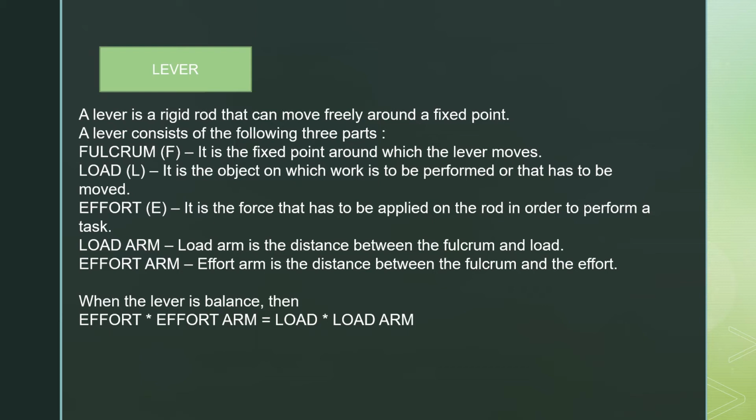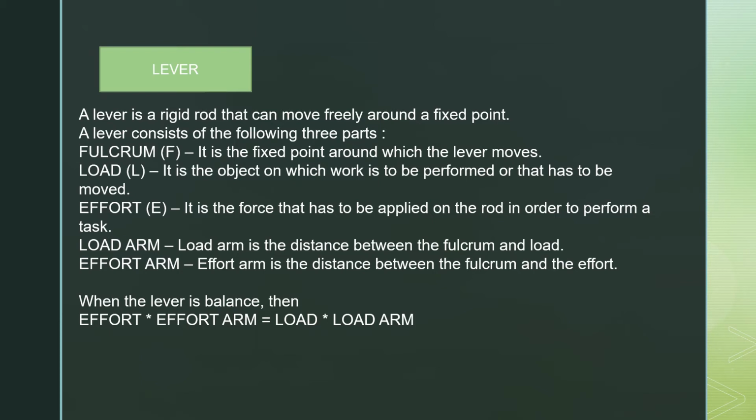When a long plank or pole is used to lift a large load, it is called a lever. A lever is a rigid rod that can move freely around a fixed point.